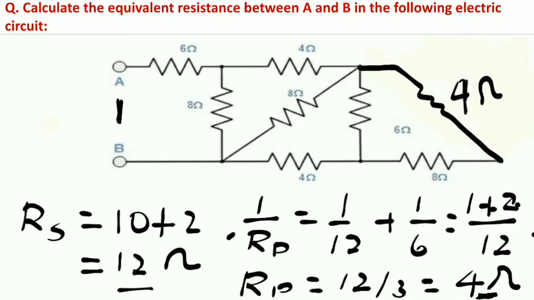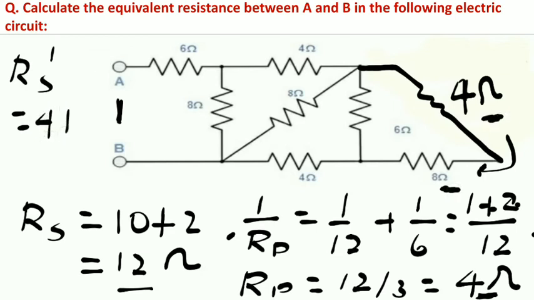Now this 4 ohm and this 8 ohm are in series. The resultant of this 4 ohm and this 8 ohm we will calculate like this. Let us take it as RS dash, which will be equal to 4 plus 8, and it becomes 12 ohm.